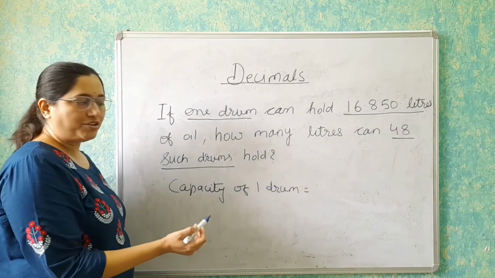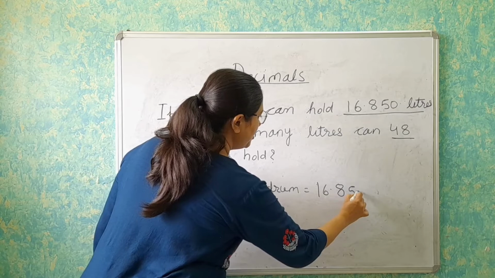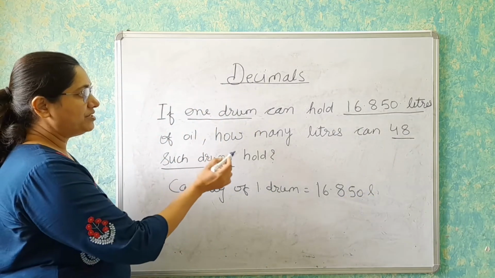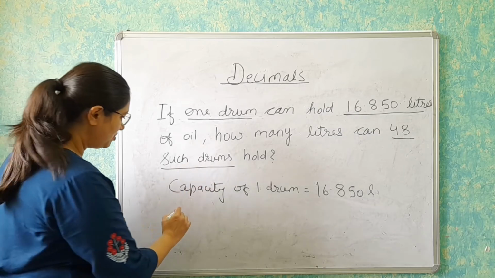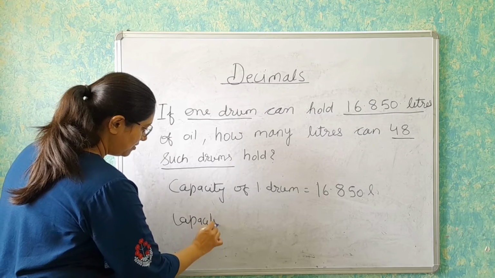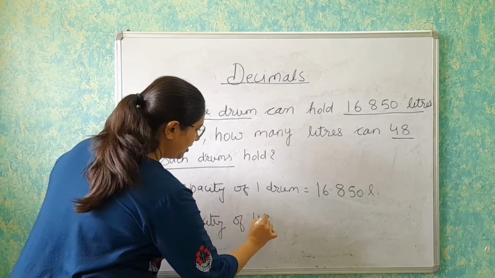And what is the capacity of one drum? 16.850 liters. Now you have to find out the capacity of 48 such drums. So we can say capacity of 48 drums.